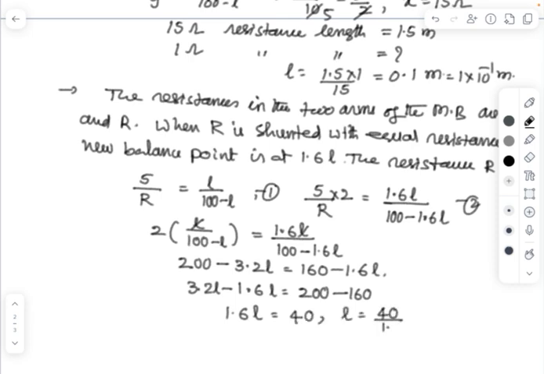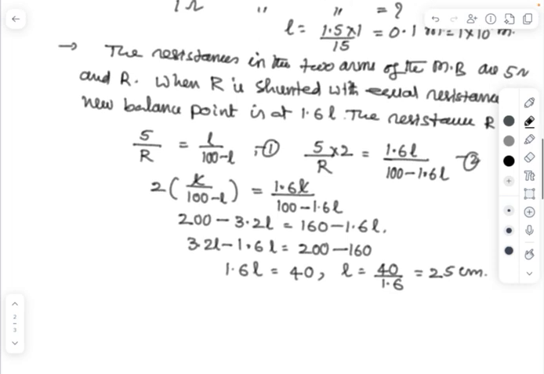L equals 40 by 1.6, that is 25 centimeter.